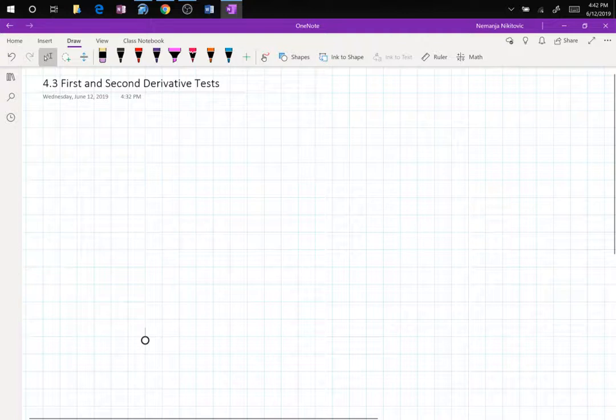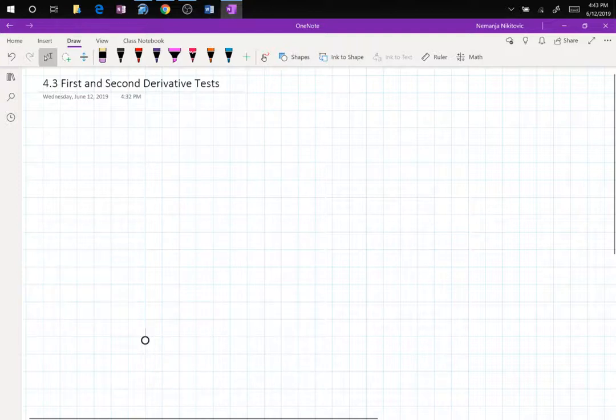Hello and welcome back to Calculus 1, section 4.3 on first and second derivative test. We have two tests which will help us analyze the function. We do not need to know what the function looks like, we just need its equation.